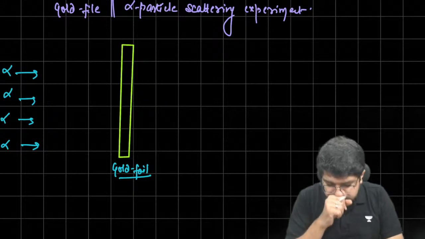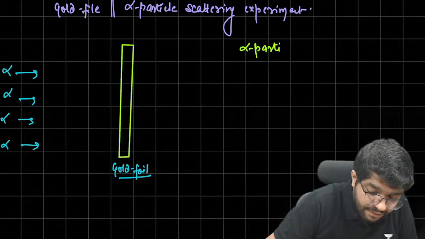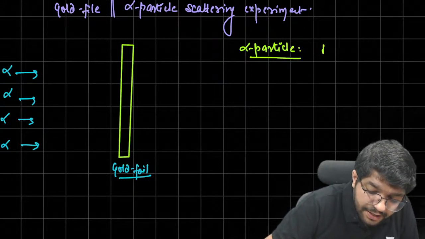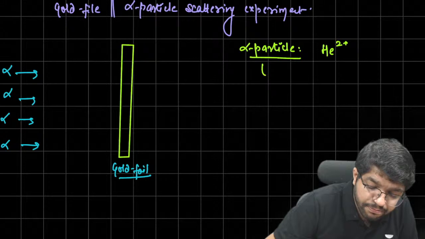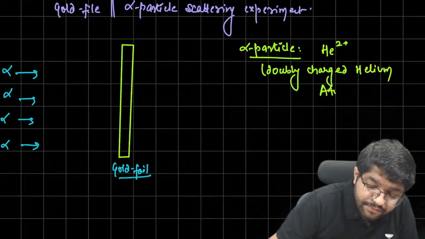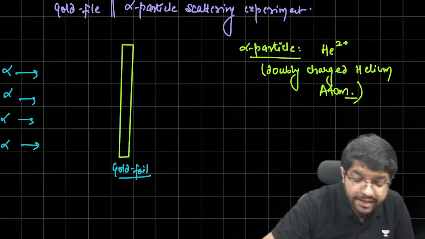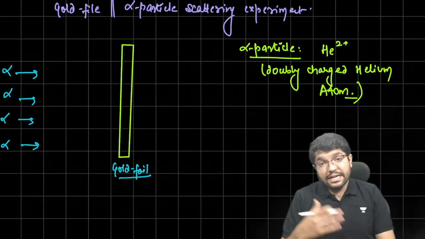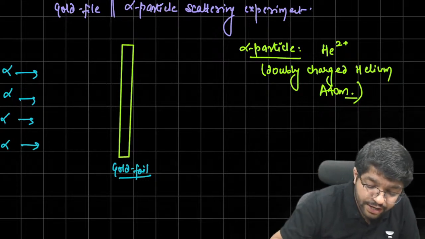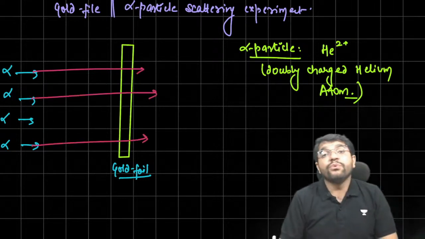Remember, what is an alpha particle? It is He2+, popularly known as a doubly charged helium atom. When these particles start passing through the gold foil, you see maximum particles passed straight through.